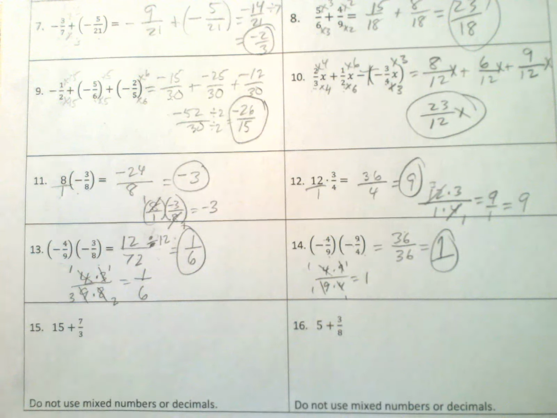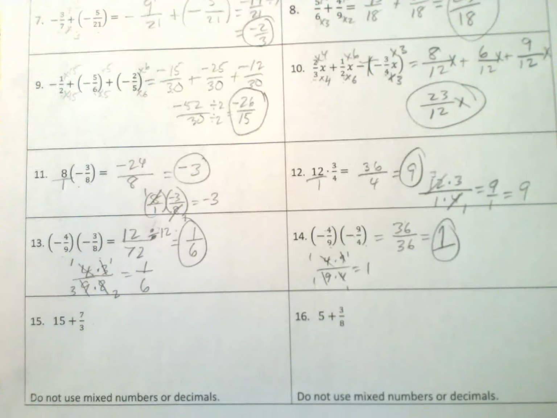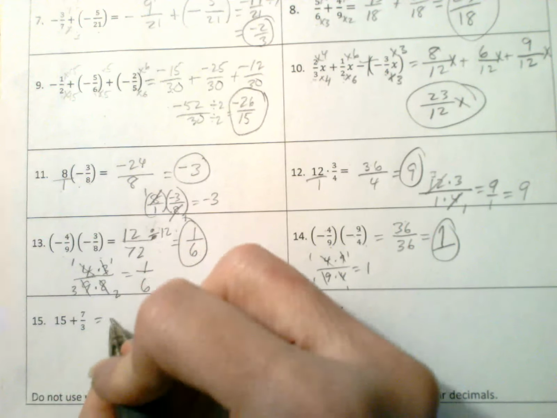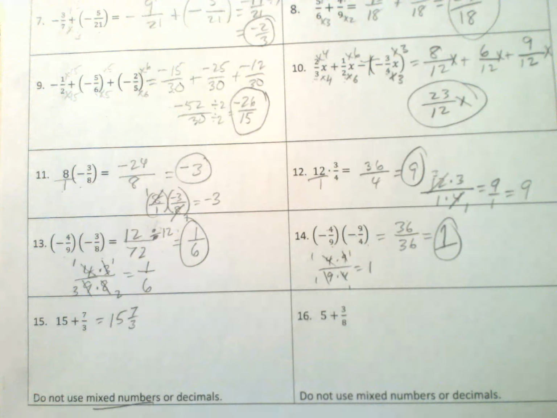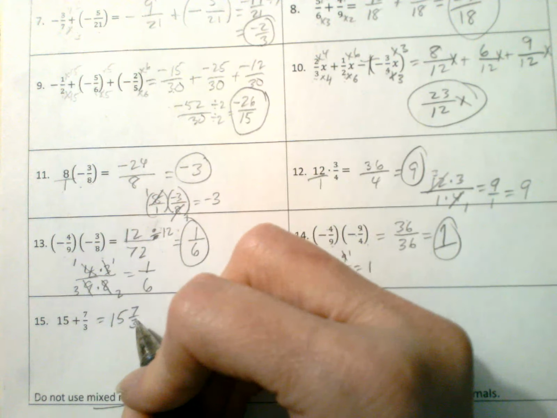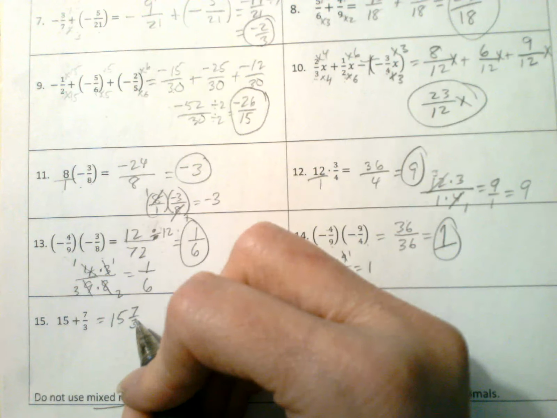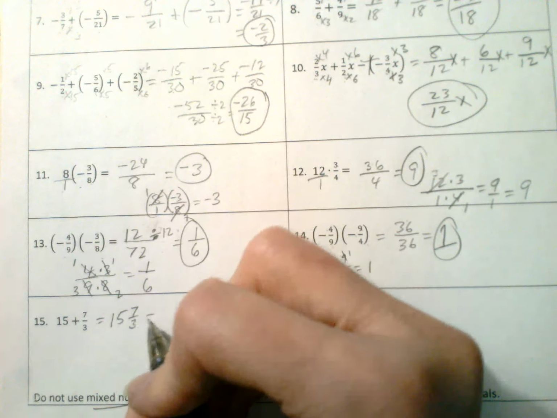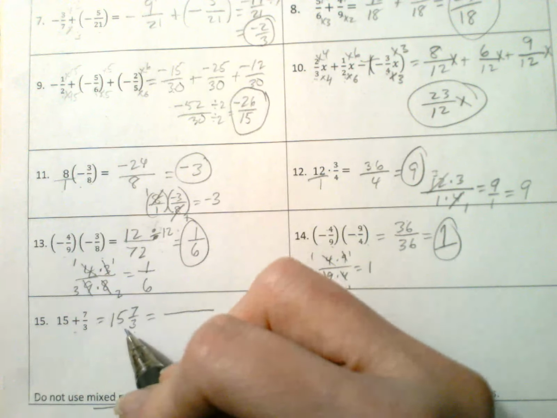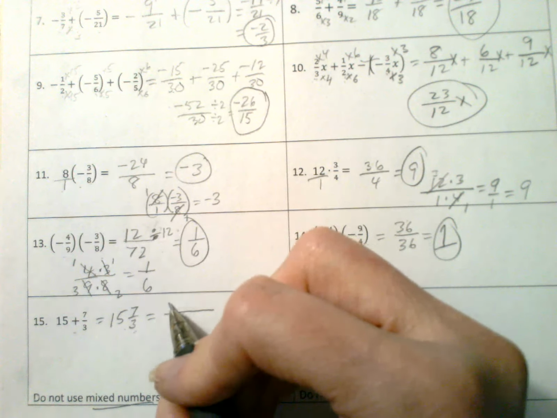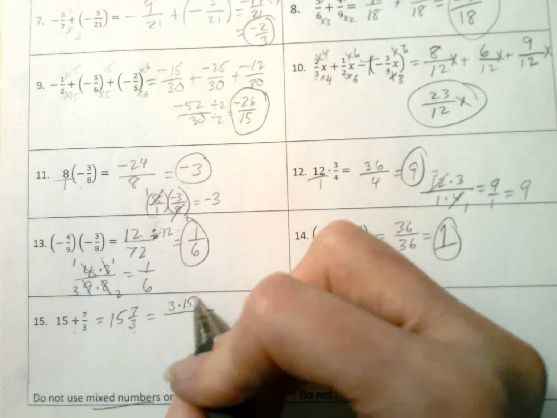All right, this one has do not use mixed numbers or decimals. I understand that this is 15 7/3, but a mixed number is not the preferred simplest form. So there's a couple ways to go. If you remember how to convert a mixed number, this is 3 times 15.